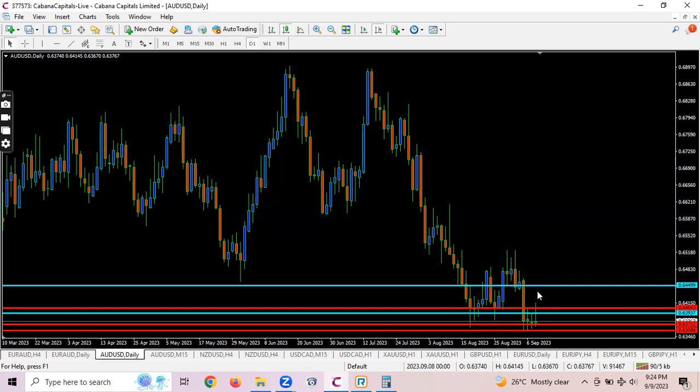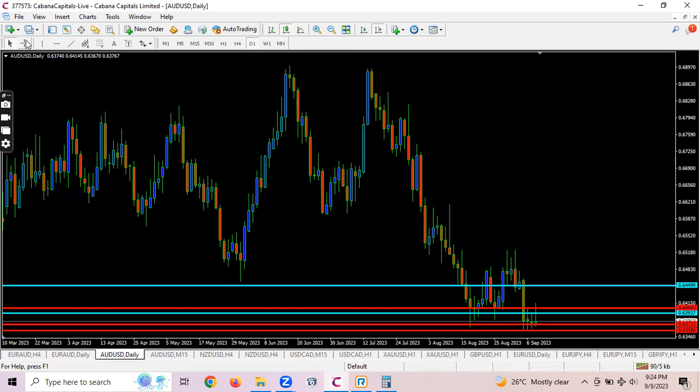That is my own definition of a strong bearish or bullish candle.